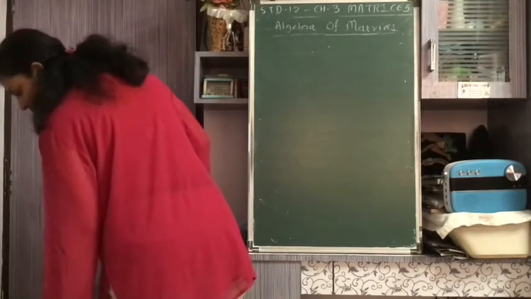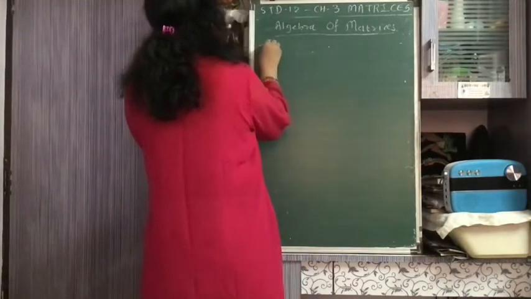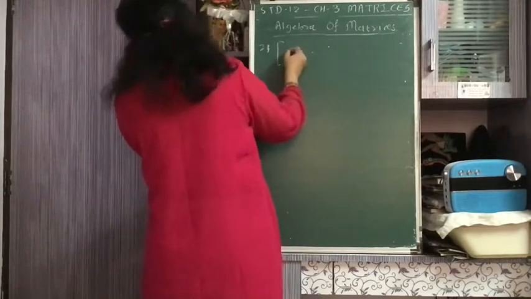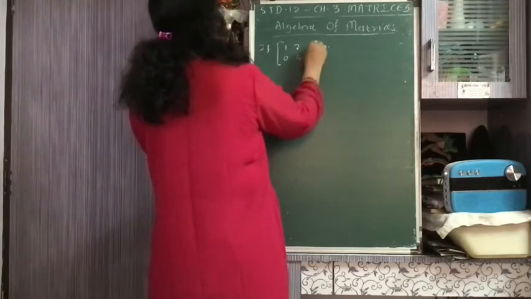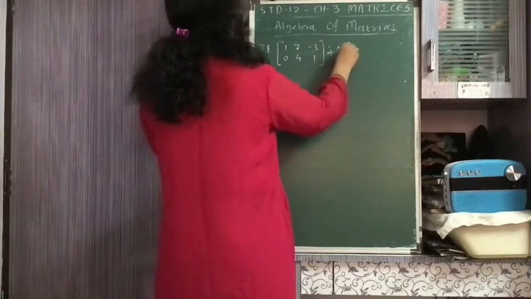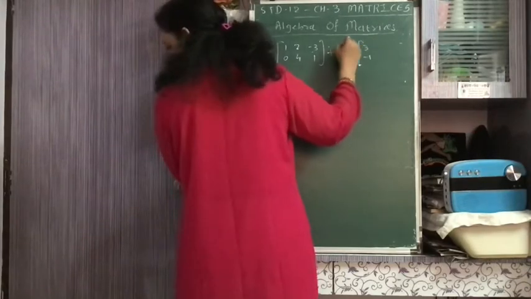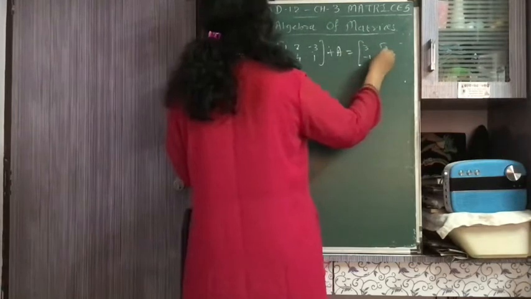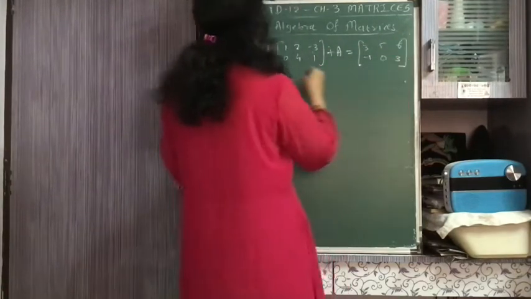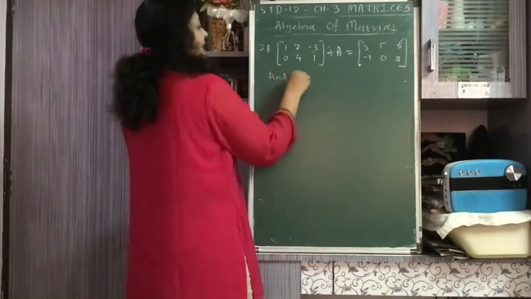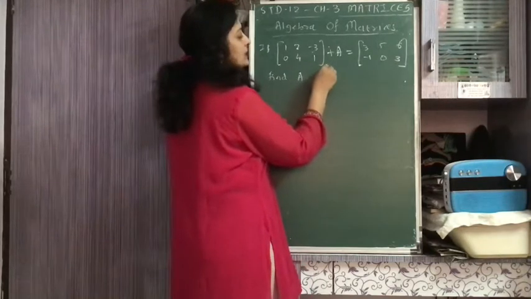Now, one more question. If we have this, then find the matrix A. So student, what is the order of this matrix? 2 rows, 3 columns.